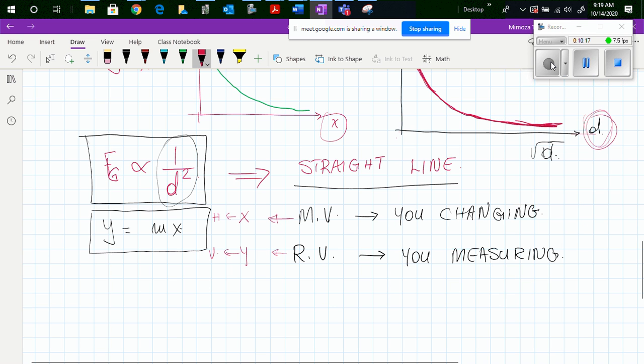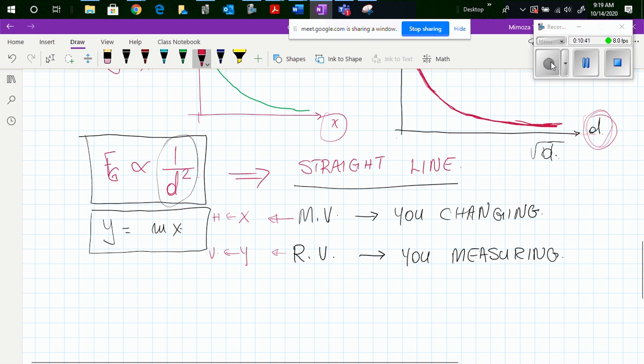The equations may be endless. However, when you see them, you have to think, okay, what is happening to the manipulated variable, which is what you are changing, and in this case is the distance, because it is on the right side of the equation. So this will be the clue.